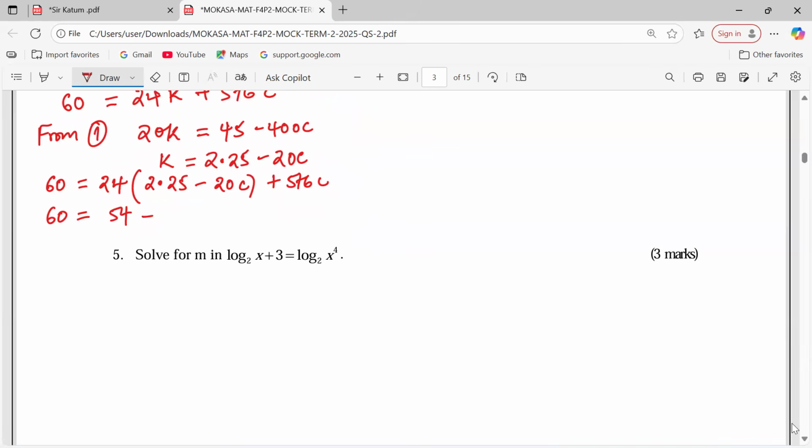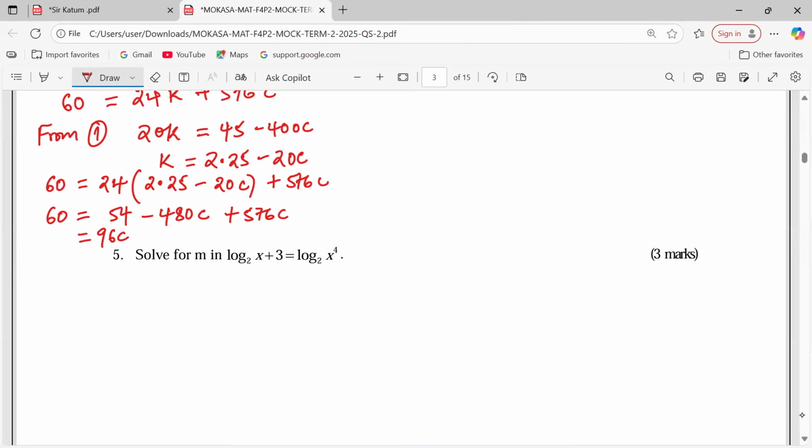Then minus 20 times 24, this is 480, the value of c, plus 576c. At this point, let's talk about negative 480 plus 576. This gives us positive 96. So we are having 96, the value of c at this point.